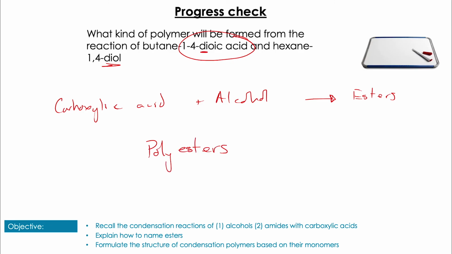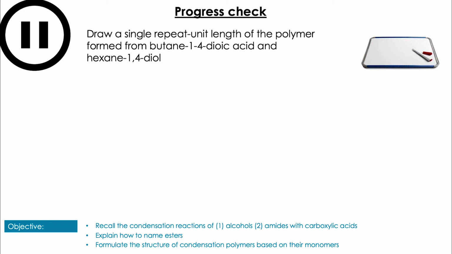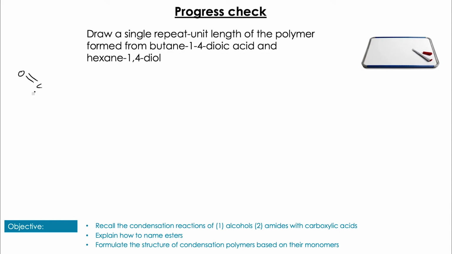So from that same reaction, have a go at drawing the single unit repeat polymer. Pause the video to have a go at that. Pop them up. So just like before, I'm going to draw out the individual monomers first and make sure we get the structures of those correct. Watch out, in this question, it does say hexane-1,4-diol.